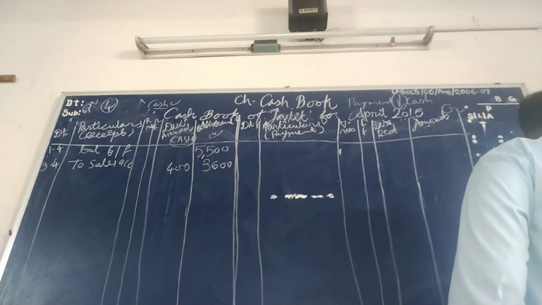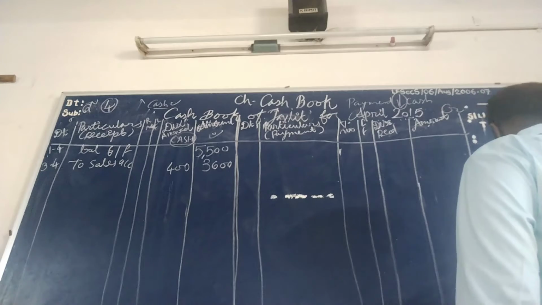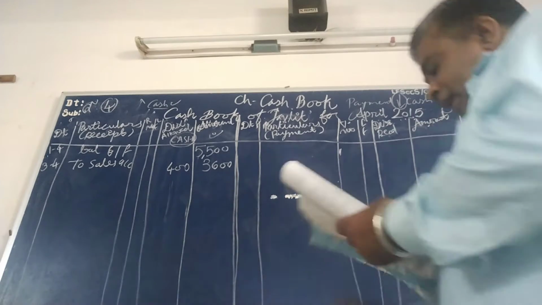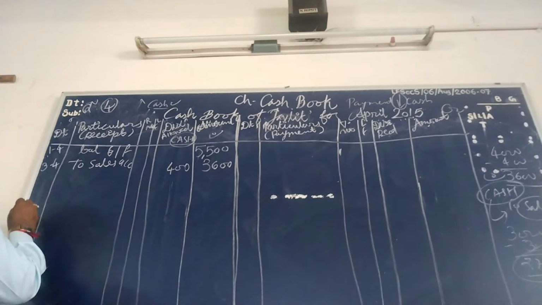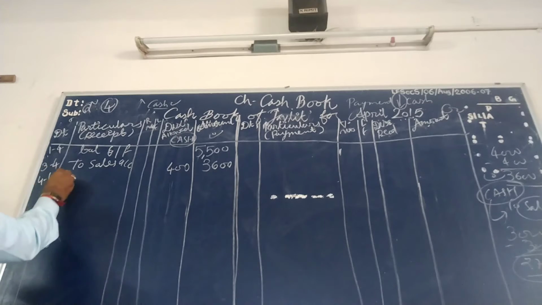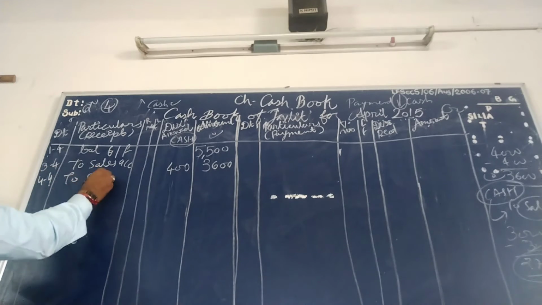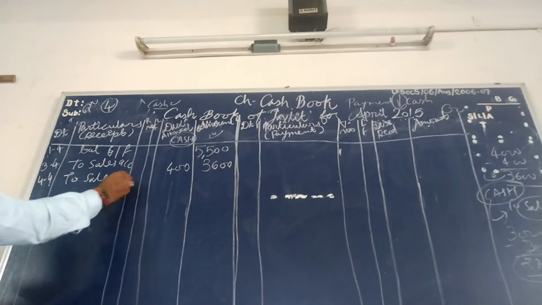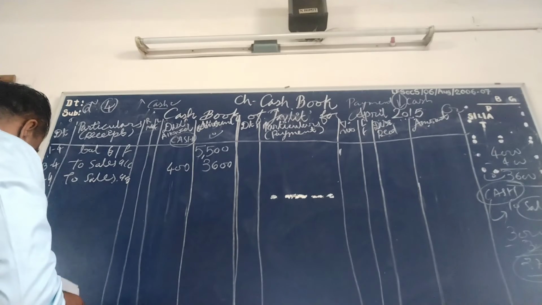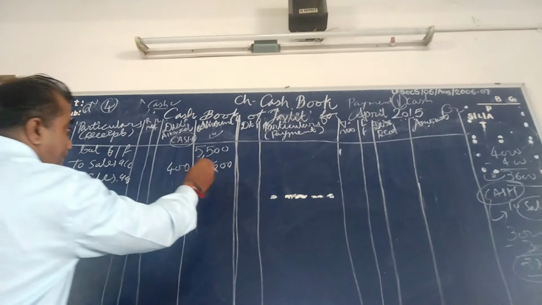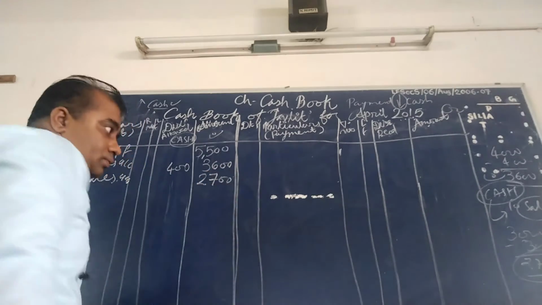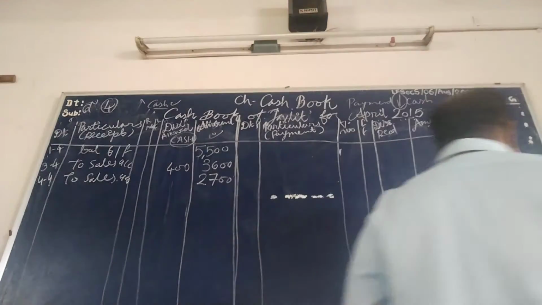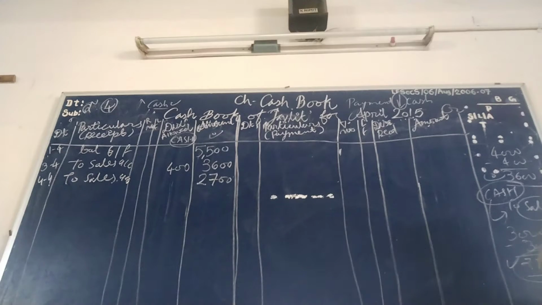So in total 2,700. And the entry will be cash to sales. Okay, so again 4th of April to sales account, it is 2,700. We write after deduction, so we write 2,700.